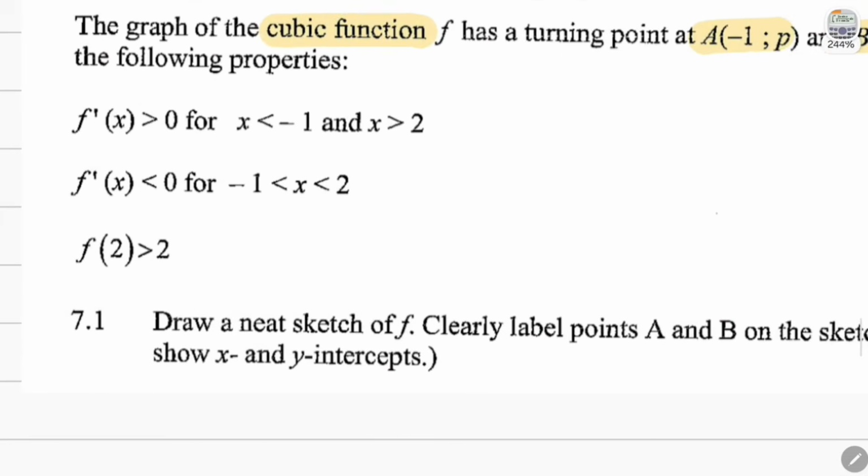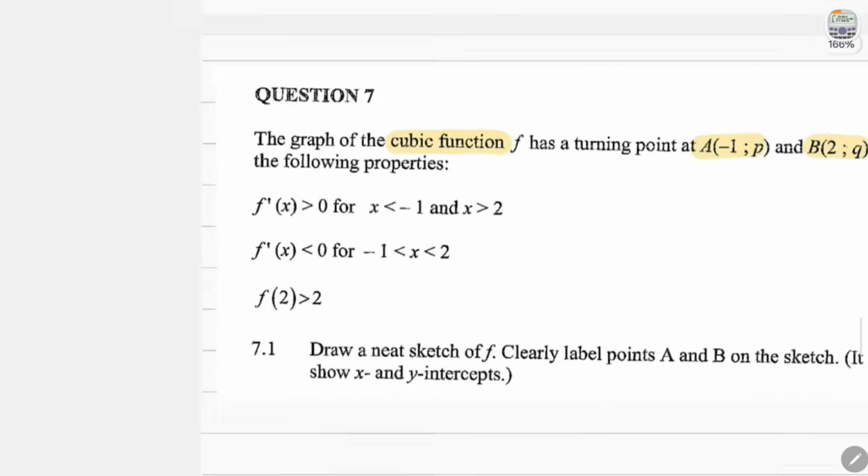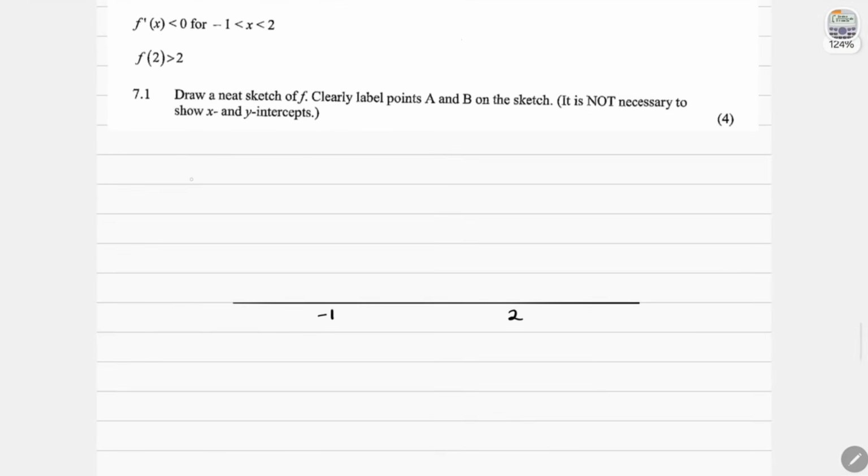What does f prime of x mean? You see that from the previous question, f prime of x means the gradient, okay? So the gradient of this function is greater than 0, meaning positive, where x is less than negative 1 and x is greater than 2. So when the gradient is positive, it means that the function is increasing. When it's negative, it is decreasing.